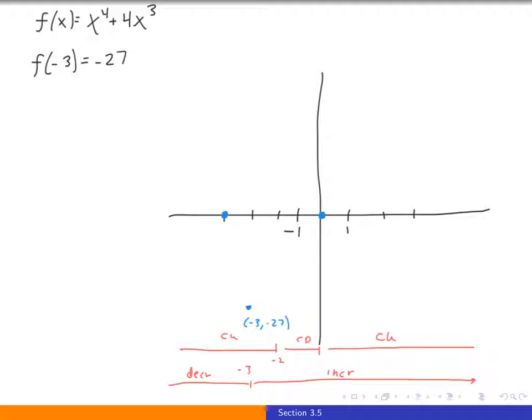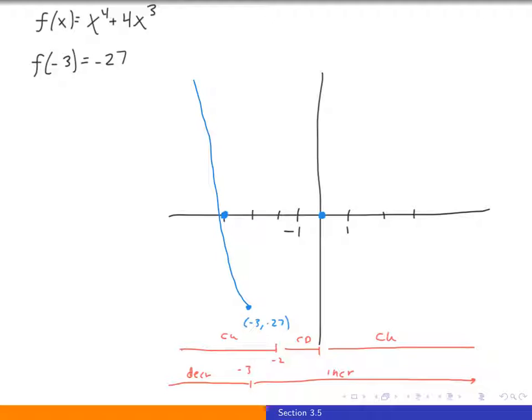So to the left of minus 3, our function is concave up and it decreases down to our critical point at minus 3. So concave up and decreasing. Once it gets to minus 3, it remains concave up until it gets to minus 2, and it's now increasing throughout.